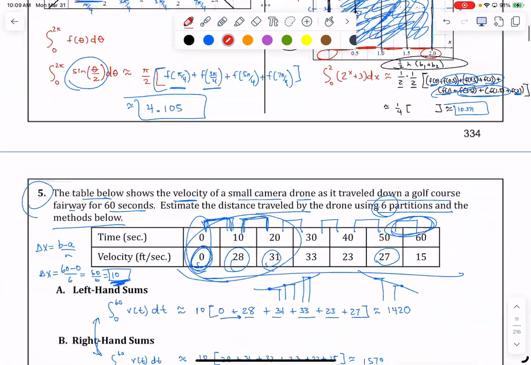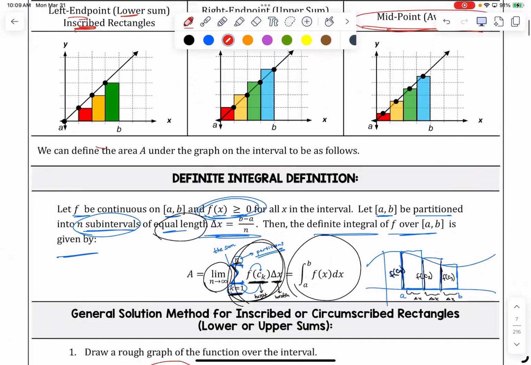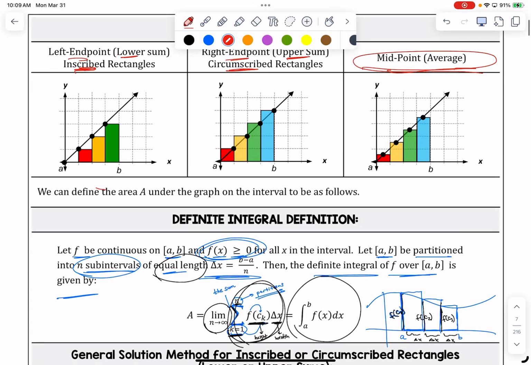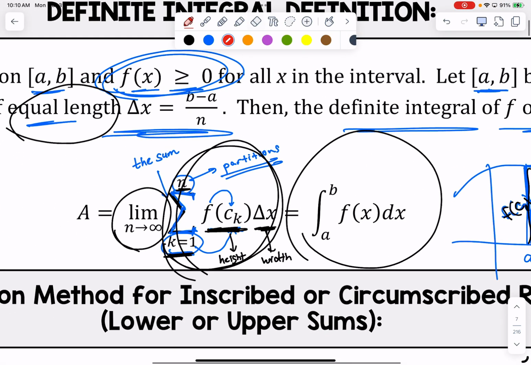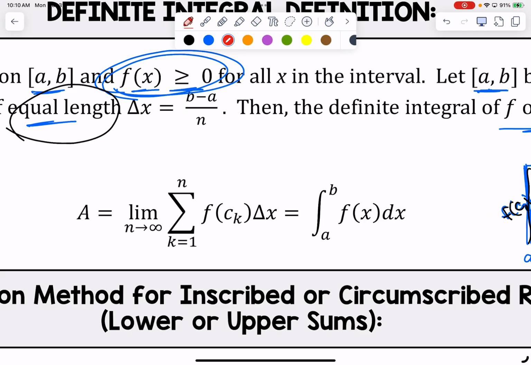And I need to go back to this, so just scroll back to page 331. Here was the notation we were given at first. For those of you who didn't see this from Friday, notice you've got k equals 1 to n. N represents the number of rectangles. But if I let n approach infinity, now we're not doing a finite number of rectangles.